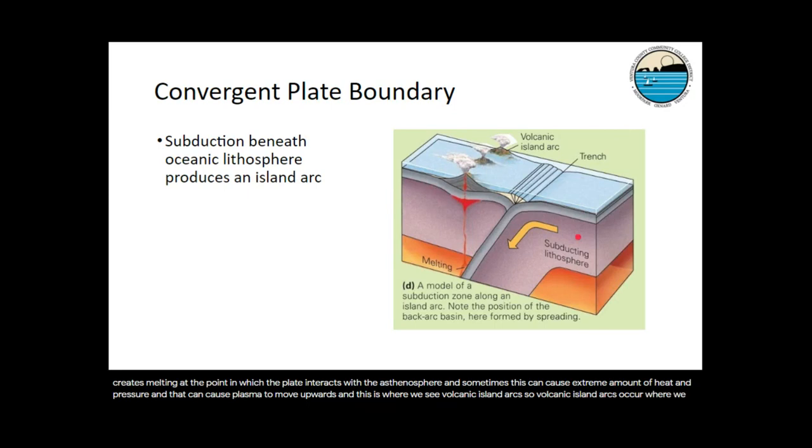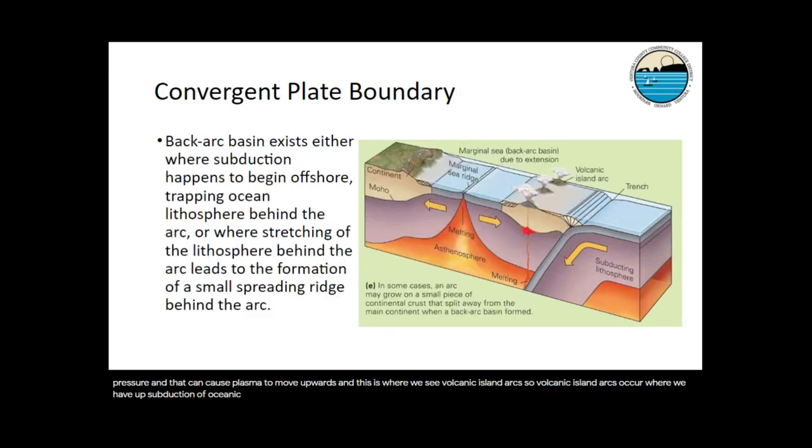Okay, so a back arc basin exists either where subduction happens to begin offshore, trapping ocean lithosphere behind the arc, or where stretching of the lithosphere behind the arc leads to the formation of small spreading ridges behind the arc. So here in this diagram, we can see here's our subducting plate.